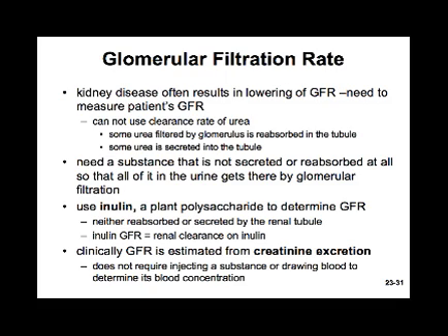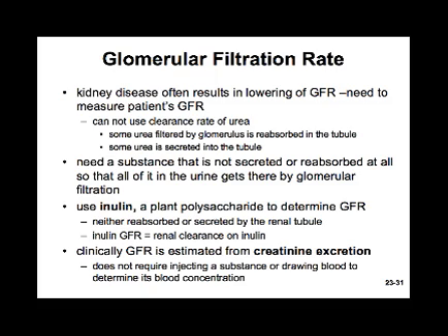So we need a substance that's not secreted or reabsorbed, so that all of it that gets into the urine got there through the glomerular apparatus. And as it turns out, there's this really neat polysaccharide that's produced by many plants, such as garlic or artichokes.